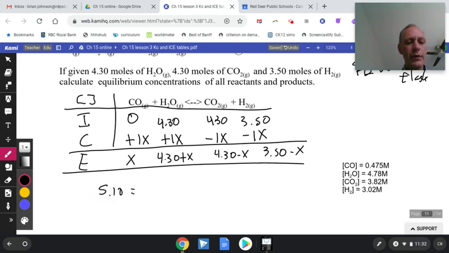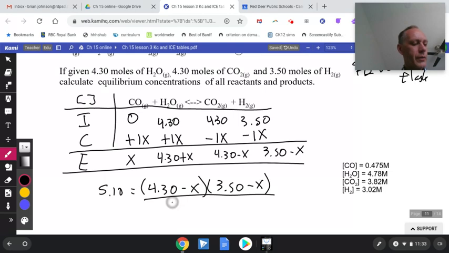5.10 is, and I don't like to do this, but I'm just going to skip the equilibrium expression and go straight to substituting in to save a bit of time. I find when students do that, they forget to square things. This one doesn't have any squares, so I know I'm safe. Over x times 4.30 plus x.